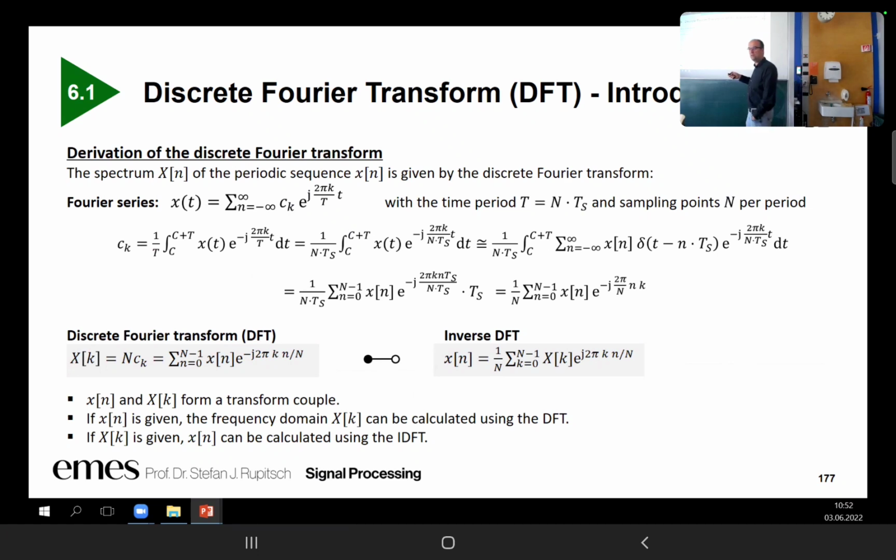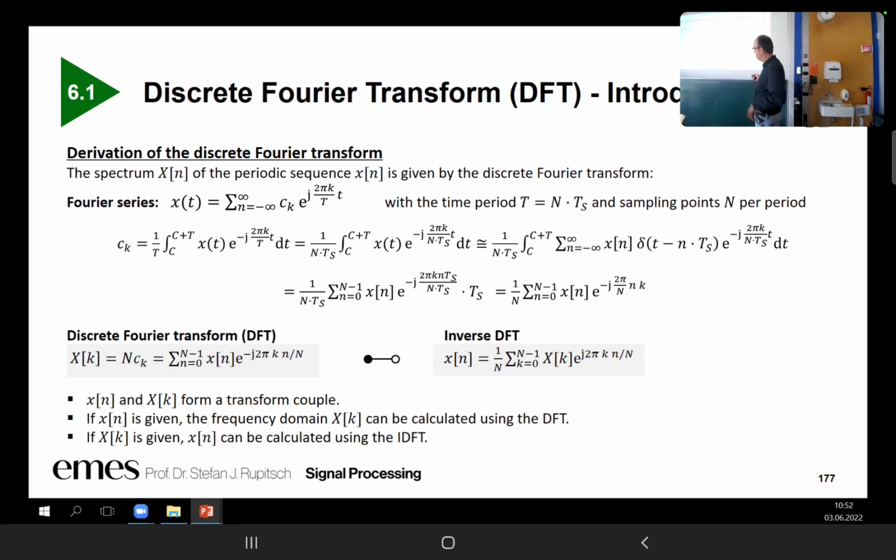That's the formula which we already discussed for the Fourier series several weeks ago. Very simple formula. We discussed it with cosine and sine, but we can also write it down with the exponential function. And then we insert the number of sampling points and the sampling period instead of this time.